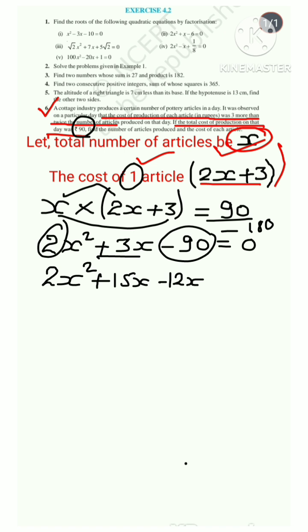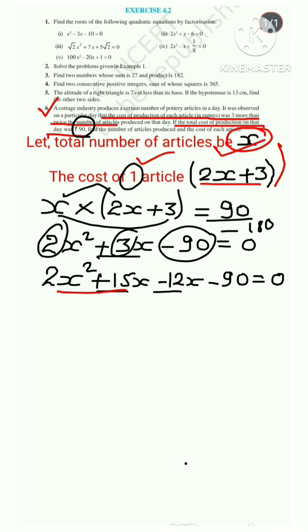So when we multiply plus 15 and minus 12 then we obtain minus 180. Again if we add minus 12 and plus 15 then we obtain plus 3, and this minus 90 is equal to 0.